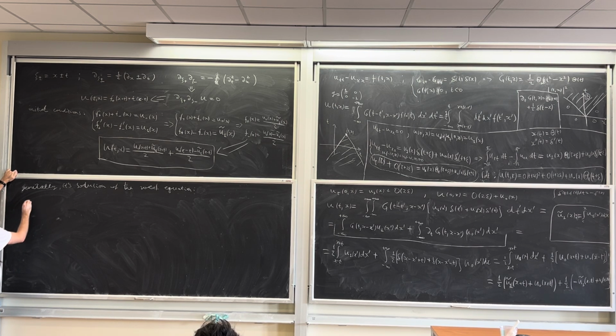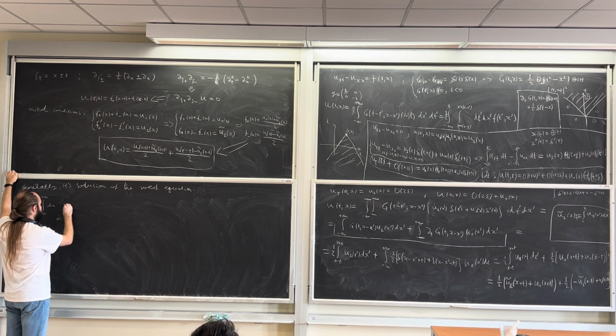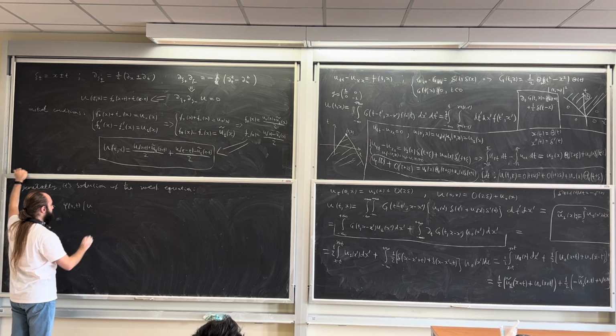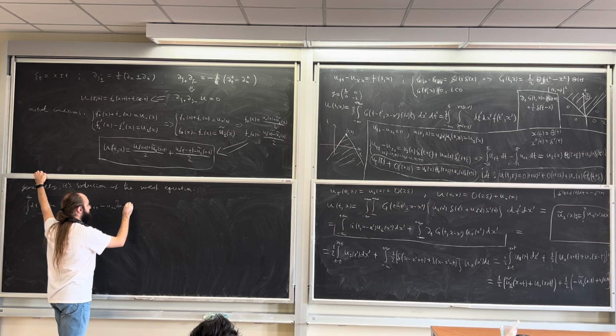We integrate from 0 to infinity dt, and from minus infinity to plus infinity in x, and we multiply this equation for x and t, u t minus u xx minus f.